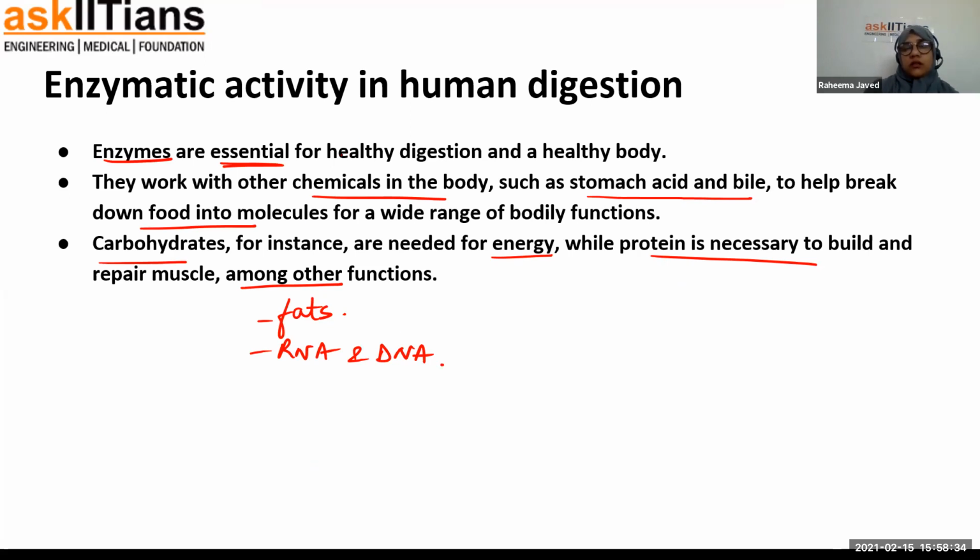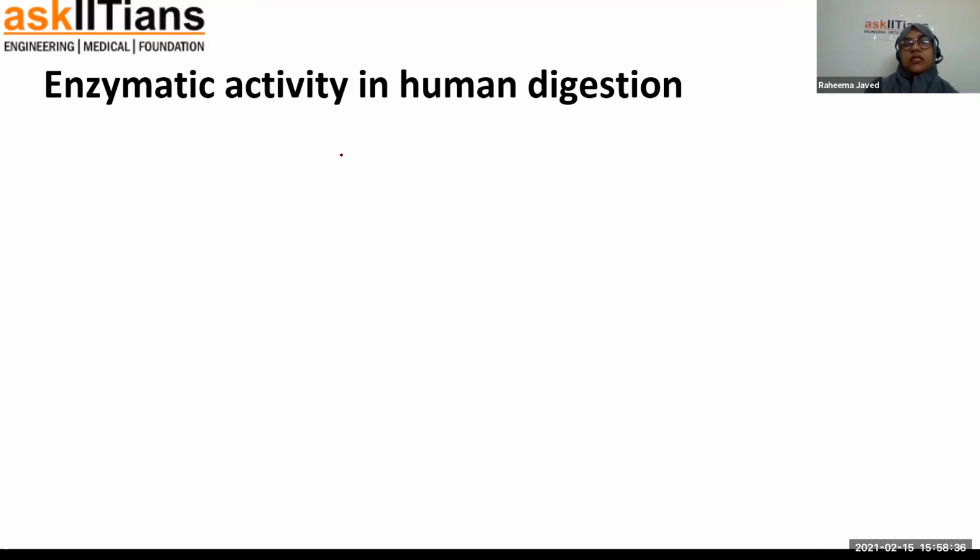So, during the enzymatic activity in human digestion, there are four major groups of enzymes. Each enzyme is capable of breaking down one nutrient.